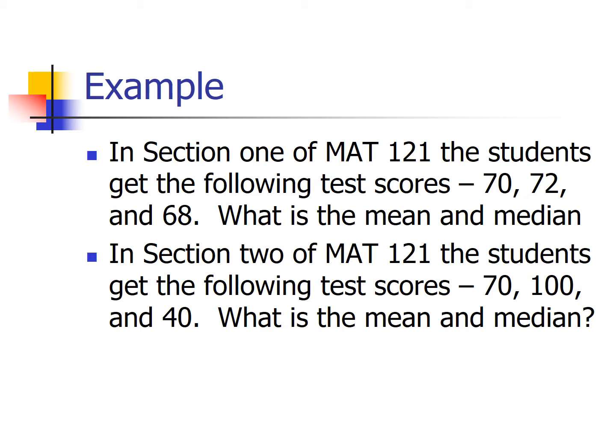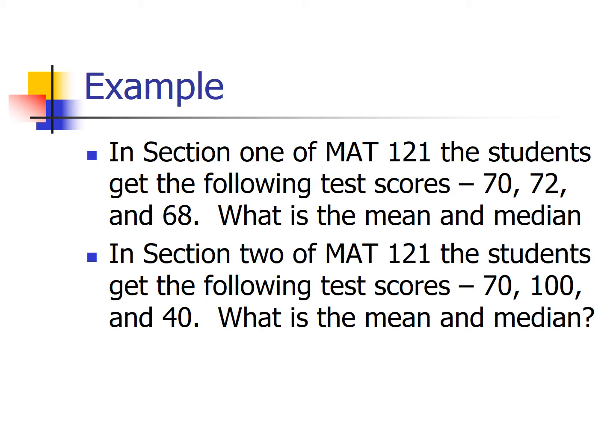But we know that that's not true. There's a fundamental difference between those 2 sections, and it's a difference that's probably apparent to us immediately. What is that difference? Exactly. The 2 sections differ with respect to their variability. In the first section, we would say that the 3 students essentially scored about the same, right? 68, 70, 72, that's all roundabout the same scores.